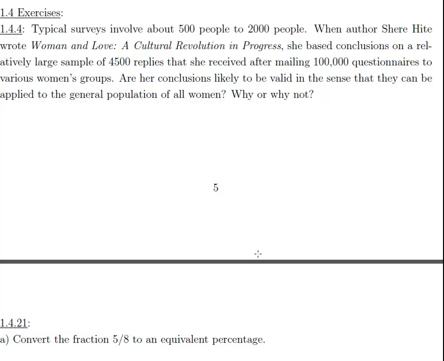And she based her conclusion on a relatively large sample of 4,500 replies that she received after mailing out 100,000 questionnaires to various women's groups. And then it asks, are these conclusions likely to be valid, in the sense that they can be applied to the general population of all women?